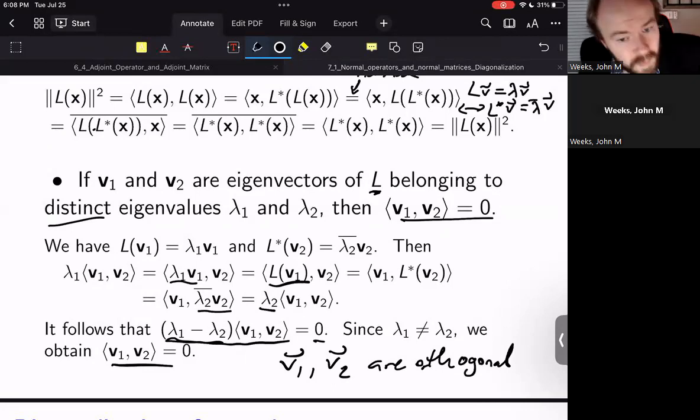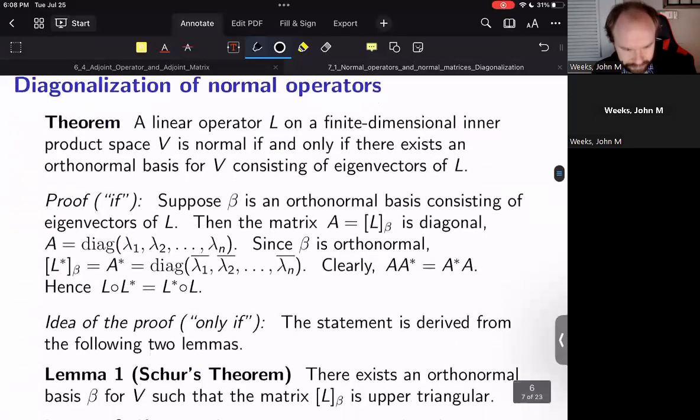So this gives us a way to separate eigenvectors and eigenvalues. Not only are eigenvectors linearly independent from each other, like we saw in a previous video, we also know now that in an inner product space, whenever you look at a normal operator, they're actually orthogonal to each other. They don't contain any component of each of the other ones.